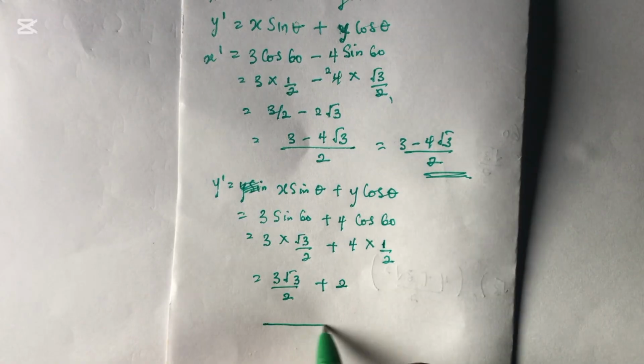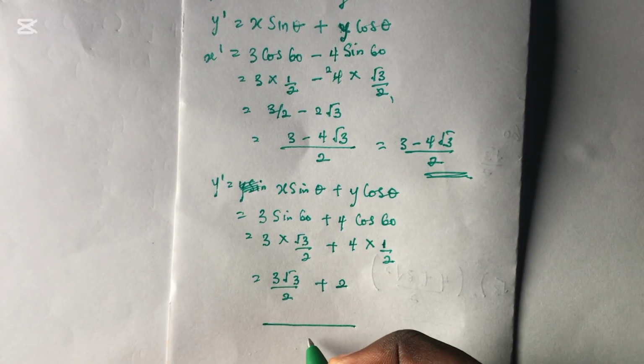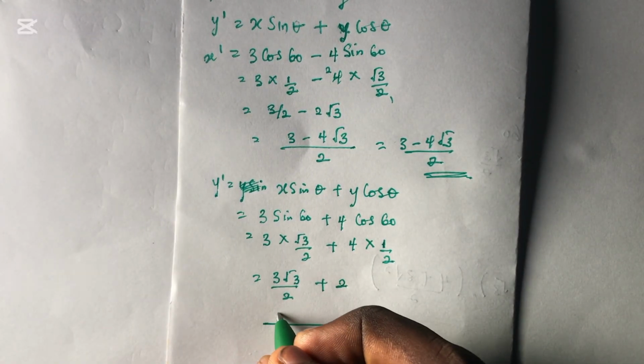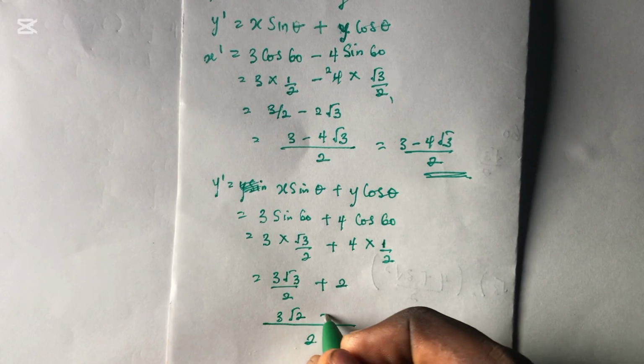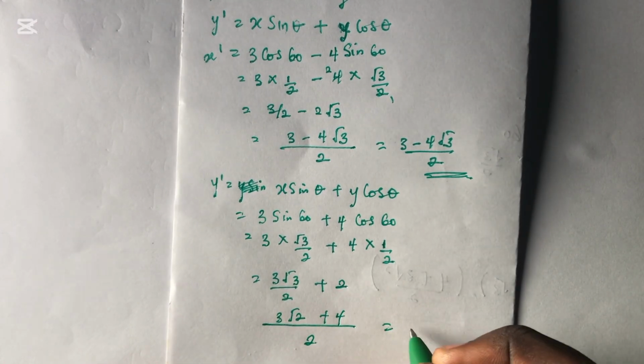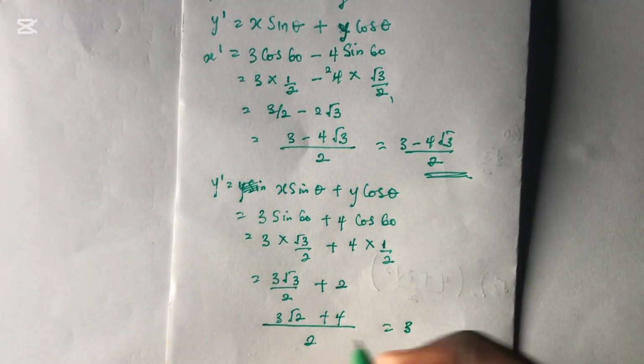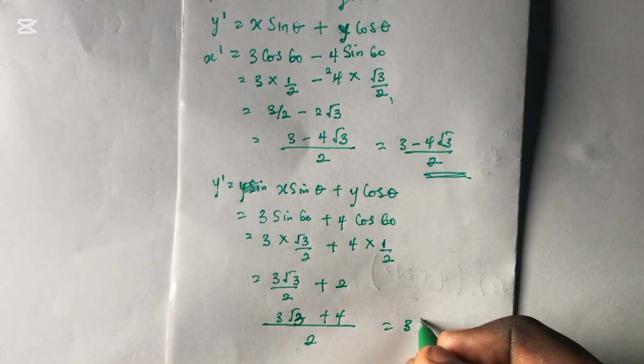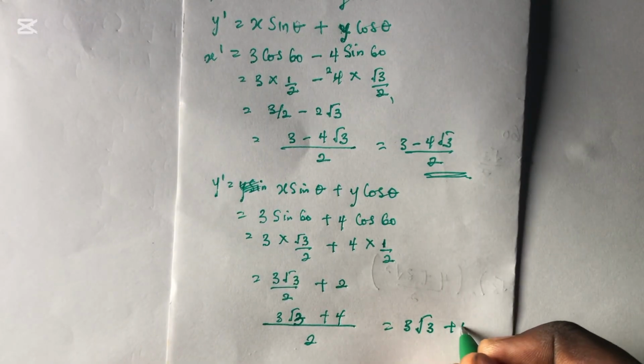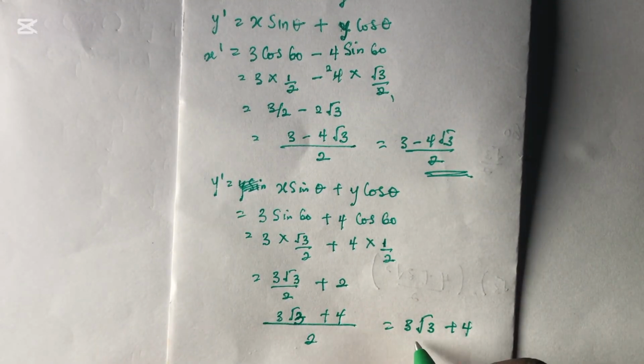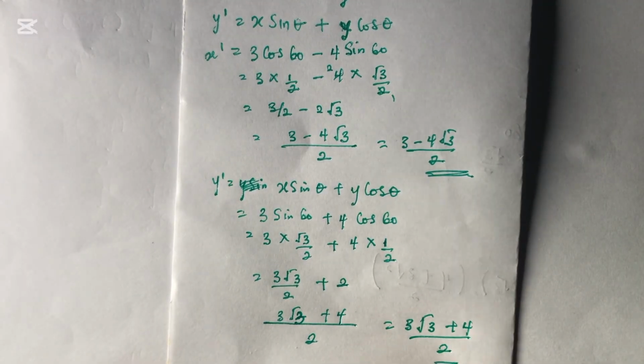If I take my LCM here, this is going to be 2. This is 3 root 3 plus 4. So the answer is going to be 3 root 3 plus 4 over 2.